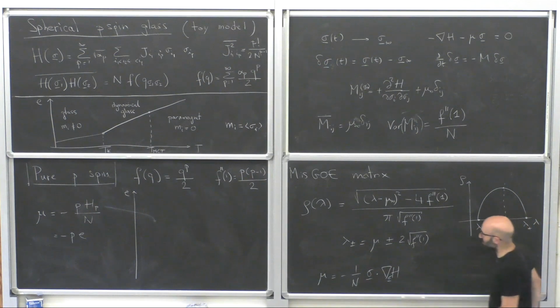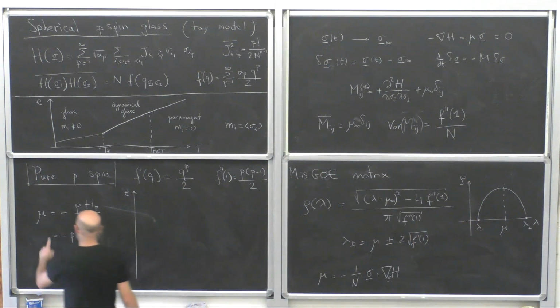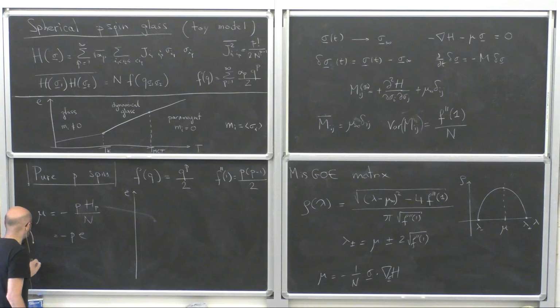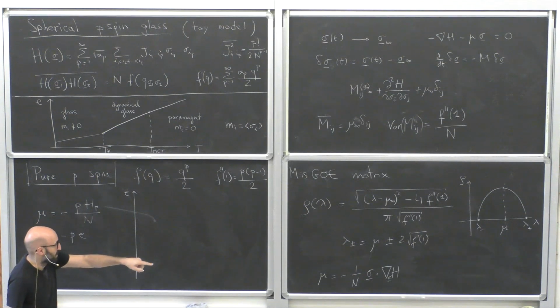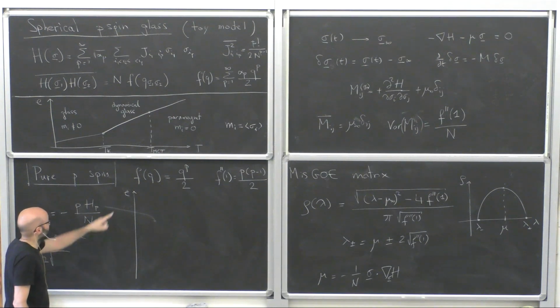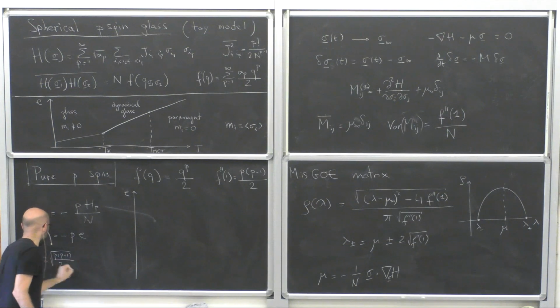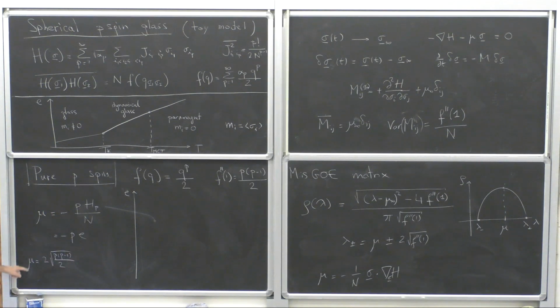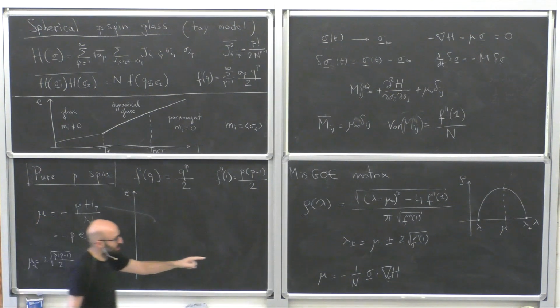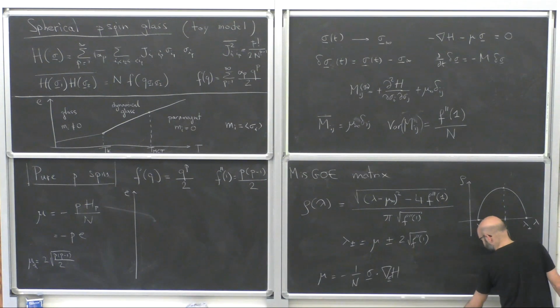And there is a point which corresponds to the value when mu is equal to 2 square root of f second, right? And this value, we're going to call the threshold value. This is the value when lambda minus is equal to 0. So the spectrum is precisely touching 0.